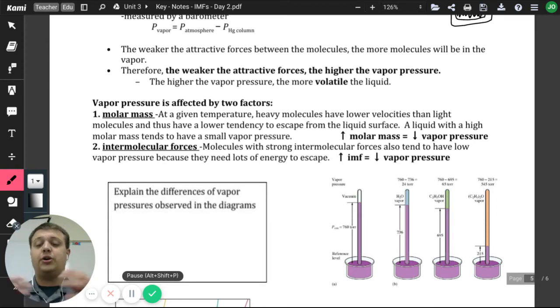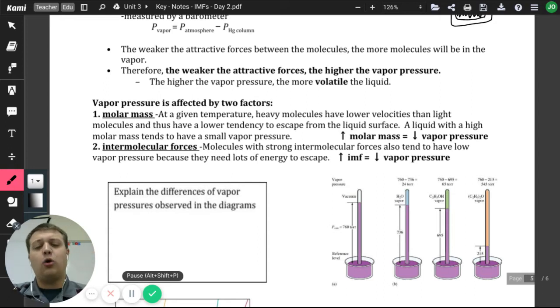Now, at a given temperature, heavy molecules have a lower velocity, right? A big difference between, for instance, solids, liquids, and gases: if we've got a solid, its amount of energy is going to be much less than that of a gas. Like the movement that's going on is much less. Now, why is it less? Well, it's less because there's more molecules in a smaller area, right?